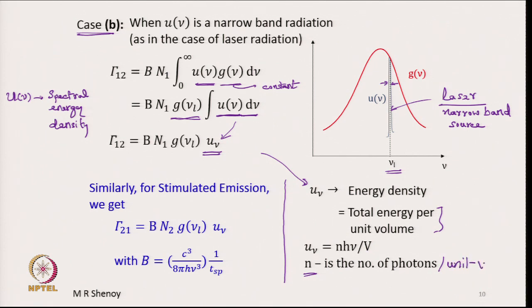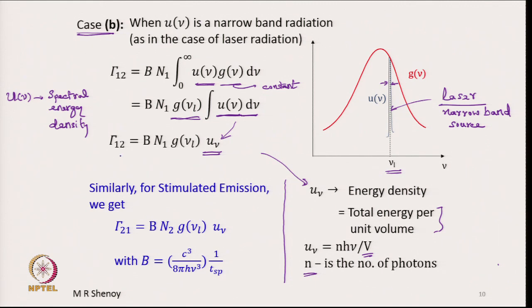So, if n is the number of photons, then u is equal to n h nu by V.